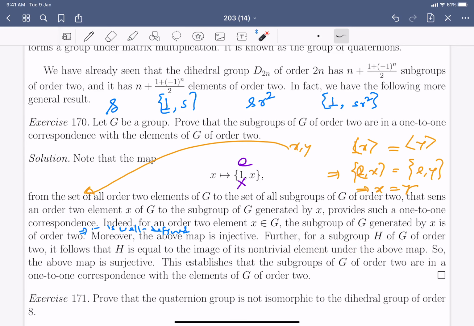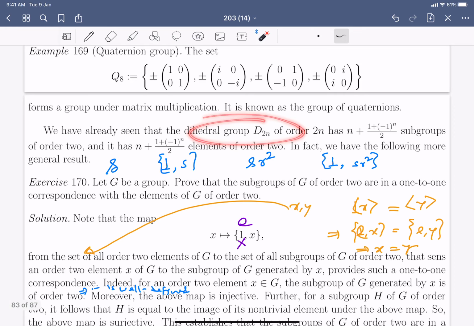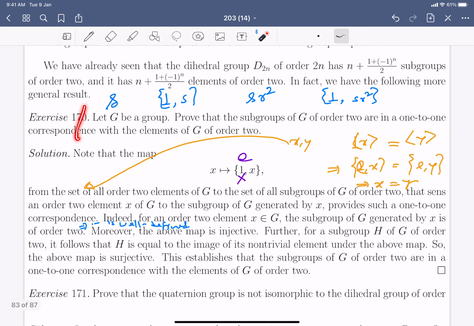As you see, you might be under the impression that this is no different from what we have been discussing in the context of dihedral groups. For sure, this argument is not genuinely different from what we already knew, at least in some implicit form, in the context of dihedral groups. But the point is that sometimes working explicitly with certain groups may lead us to some result which holds in greater generality.